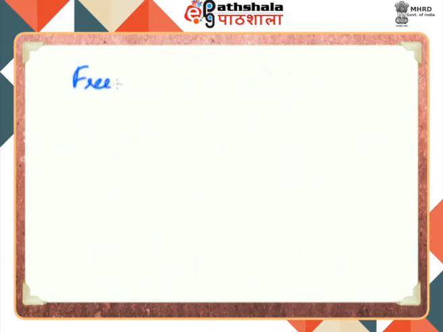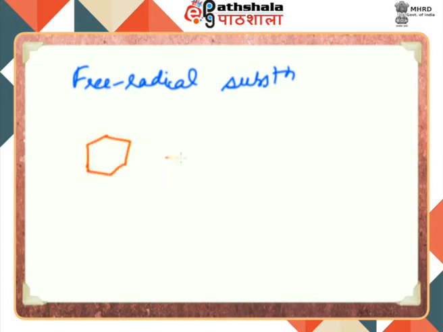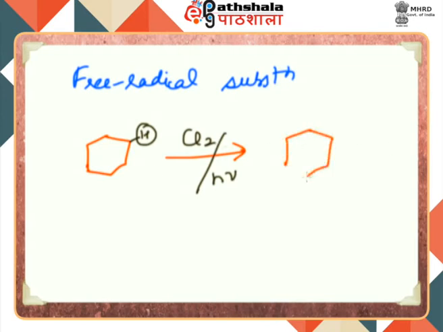Coming to the free radical substitution. In the free radical substitution, it is the free radical which will be attacking and replacing the other group or atom and giving you a substitution product. So if we consider the case of, say, cyclohexane, and if it is reacted with chlorine in the presence of sunlight, what happens is the hydrogen, it can be at any of these positions, all of them are equivalent, and this hydrogen will get replaced by the chlorine.